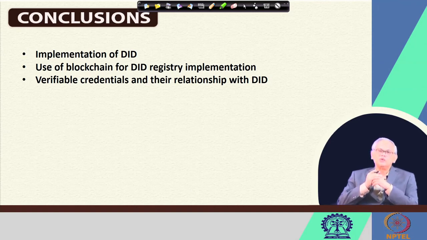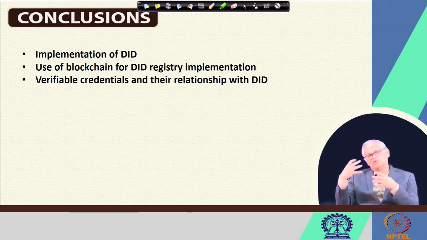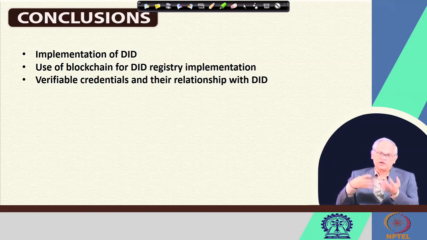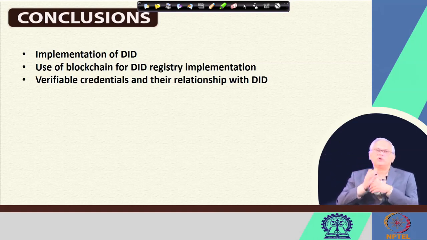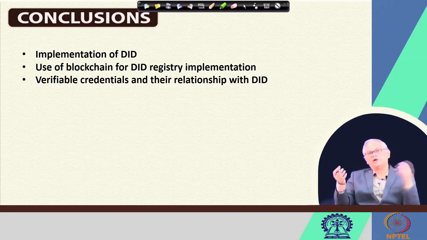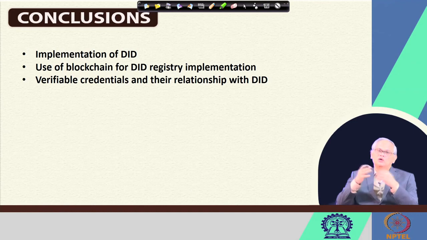This is one of the important applications of blockchains, and an application which otherwise might be very difficult to implement if not using blockchains. And then finally, we said that there is a need to bind those digital identities with some physical identities, which initially we are talking about in the form of verifiable credentials. Later, in the next lecture, we will see what these verifiable credentials are, how they look like, how they can be presented by the holder to the verifier, and how issuers would issue them to the holders.